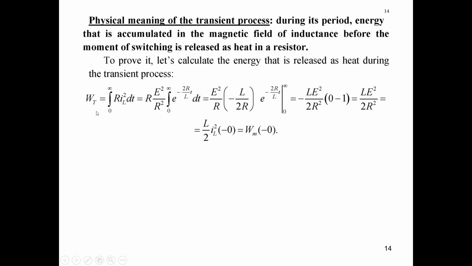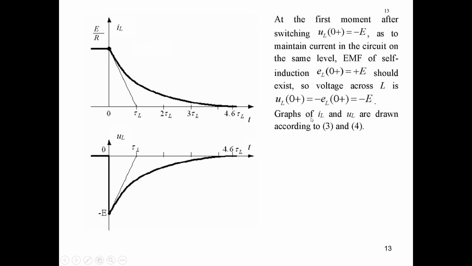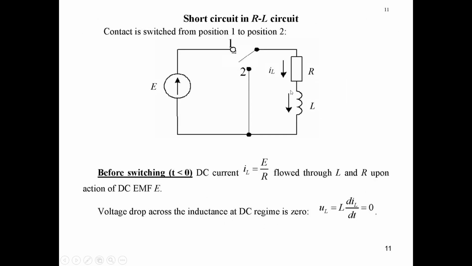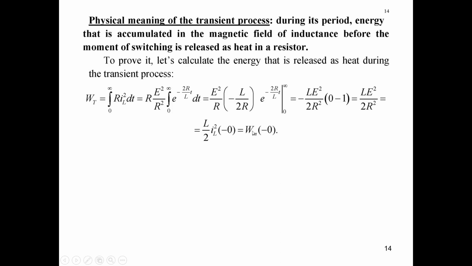So it is proved here that the energy which is released in the resistance in this schematic equals the magnetic field energy which was stored in this inductance before commutation.